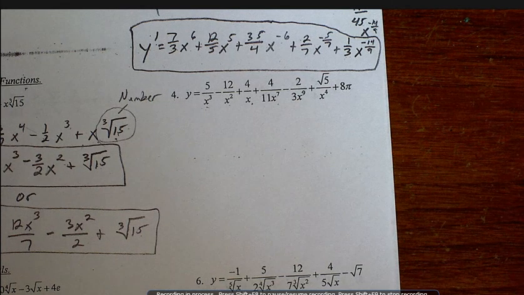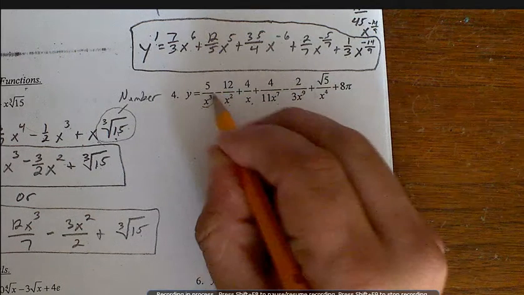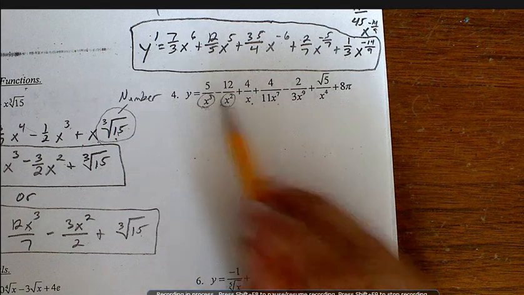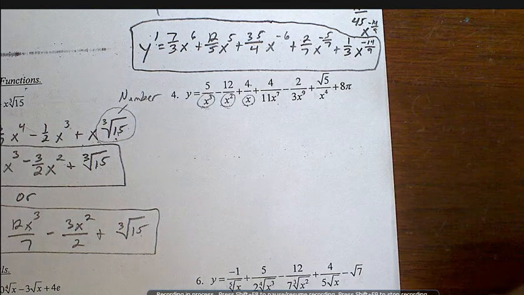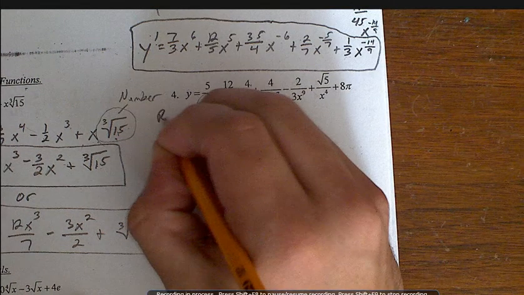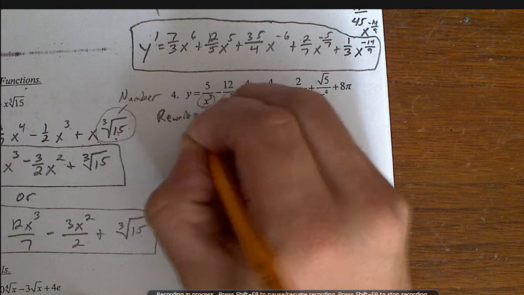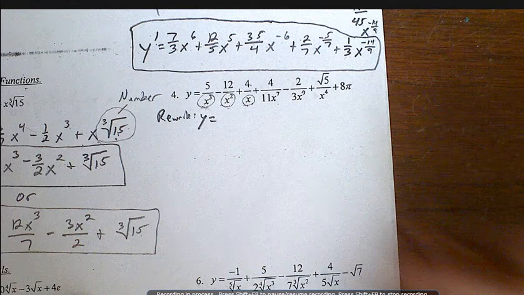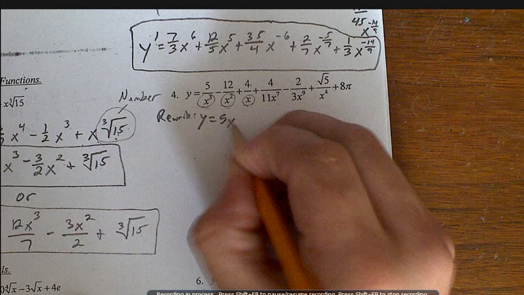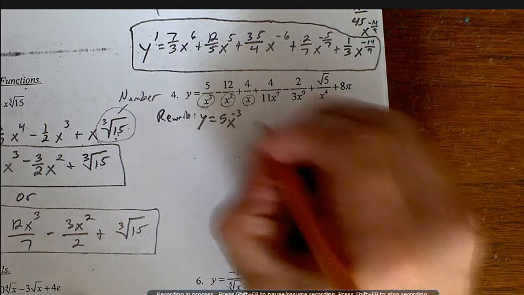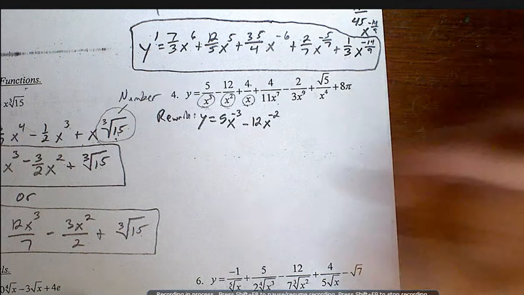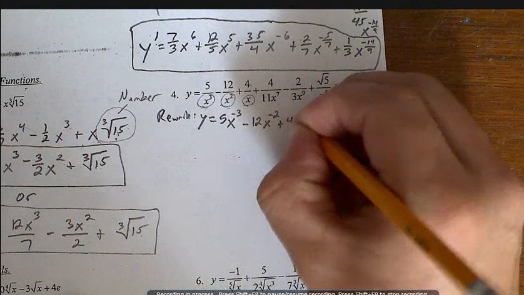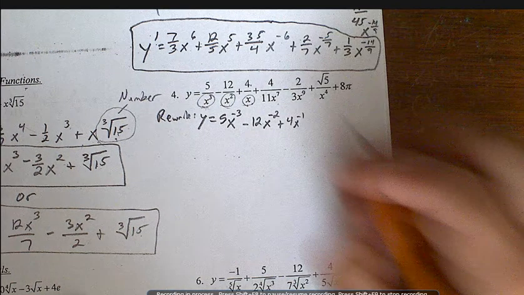as y equals 5x to the negative 3 minus 12x to the negative 2 plus 4x to the negative 1 plus 4/11 x to the negative 7 minus 2/3 x to the negative 9.